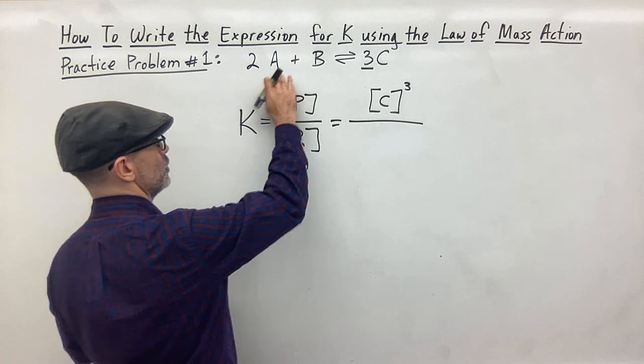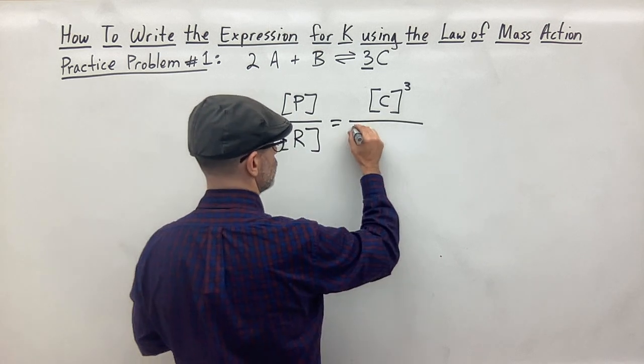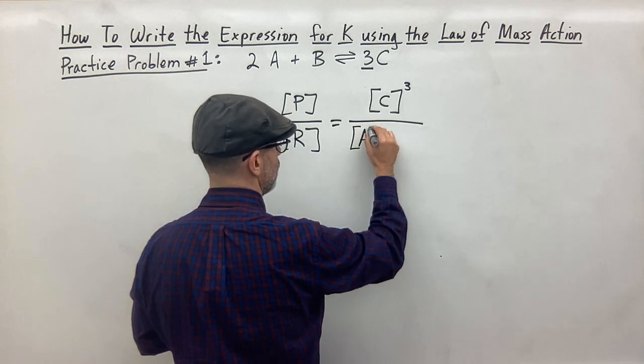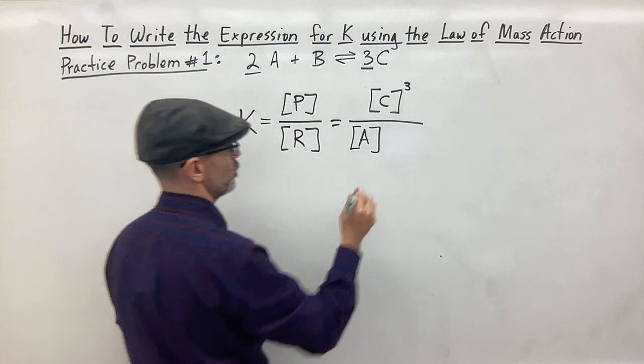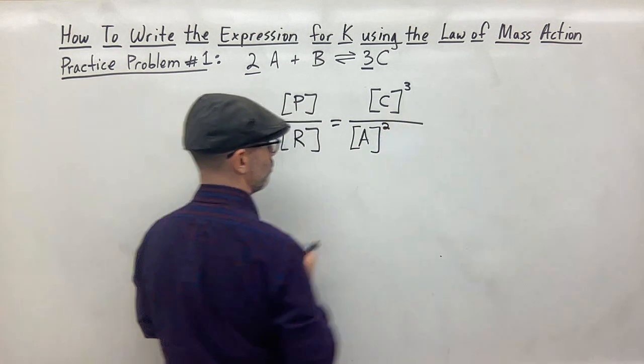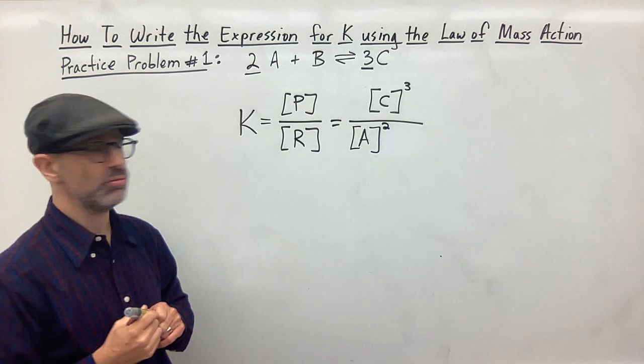So here's my first reactant. It's going to be the concentration of A. And since A has a 2 coefficient, that's going to be a power of 2. So I'm raising that to the power of 2.